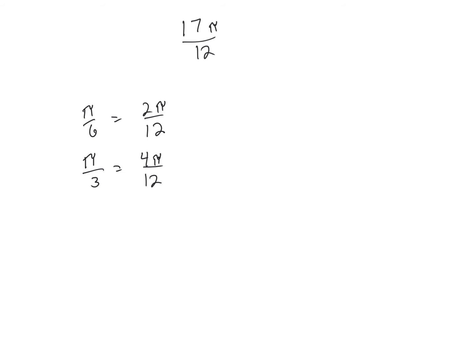Our 90 degrees, which is pi over 2, is equivalent to 6 pi over 12. Our 45 degrees, which is pi over 4, is equivalent to 3 pi over 12. And our 180 degrees, which is just pi, is the same as 12 pi over 12.